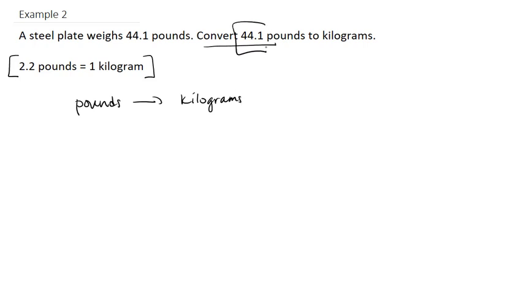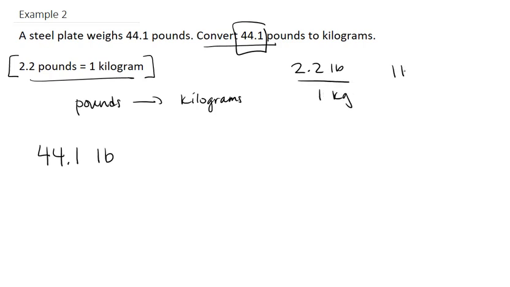So what we're starting with, we have 44.1 pounds. Now, in order to get rid of pounds, we're going to have to use this conversion factor, either 2.2 pounds over 1 kilogram, or we use it as 1 kilogram over 2.2 pounds.